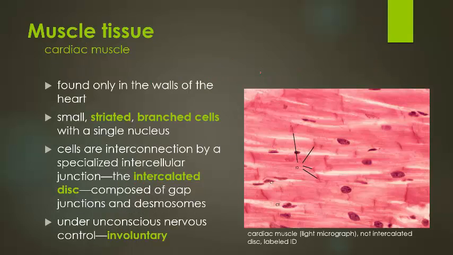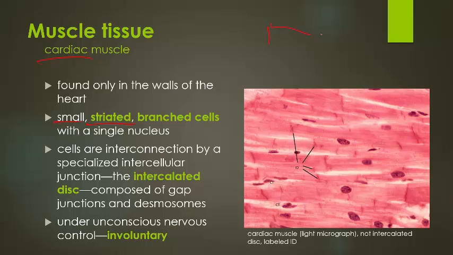The third kind of muscle tissue, then, is the cardiac muscle. And, as the name would suggest, it's only found in one place, in the walls of the heart. And these cells, like smooth muscle cells, are small, and like skeletal muscles, they are striated, but unlike skeletal or smooth muscles, they're branched.